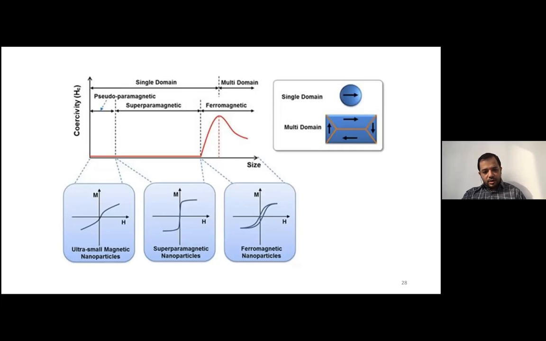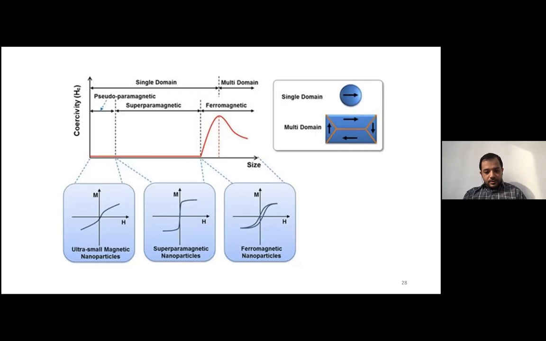So that's where you have that straight line until your particle starts to be bigger and bigger, and with respect to hysteresis, the HC becomes bigger and bigger.